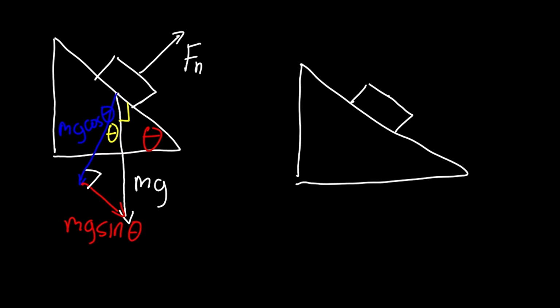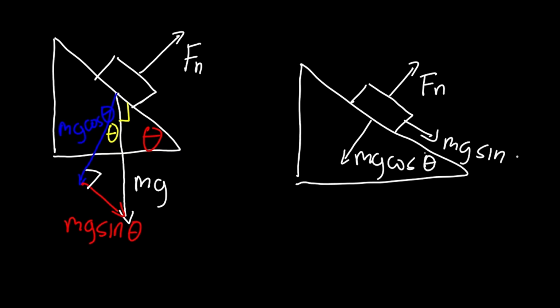Okay, so we have this as our F sub N, or normal force natin. At also on the y-axis we have our mg cosine theta. And on the x-axis we have mg sine theta. Okay? So nireplace lang natin yung x and y axis natin.